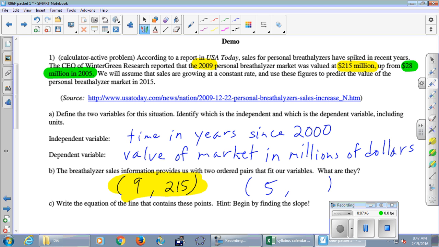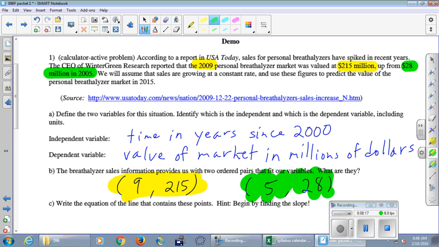What's the output? It's just plain 28. Some people think they need to take the 28 and subtract it from the 215 or add it to the 215 because it says up from. If it had said up 28 million, then we'd have some arithmetic to do. But it doesn't say up 28 million, it says up from 28 million. So it's just plain 28 there. No calculations to do. Any questions on translating the stuff in the paragraph into those 2 points?